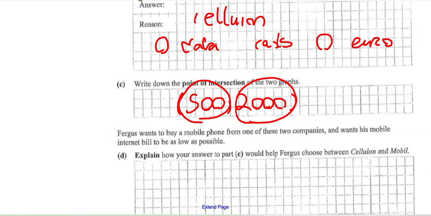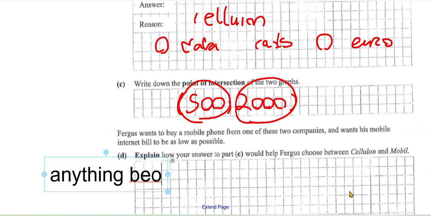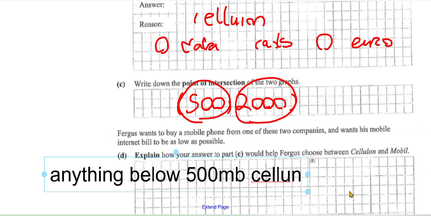Okay? So what we're going to do here is anything below 500. Is it gigabytes, megabytes, or what is it measured in? The x-axis. Megabytes. Cellulon is cheaper than?